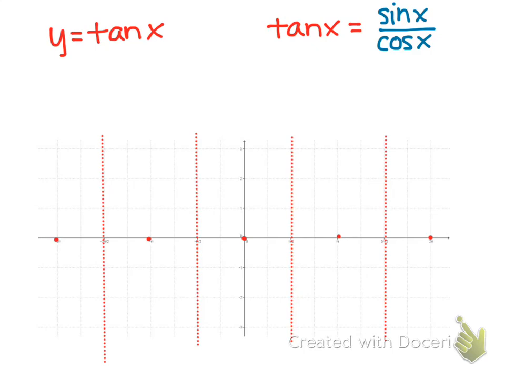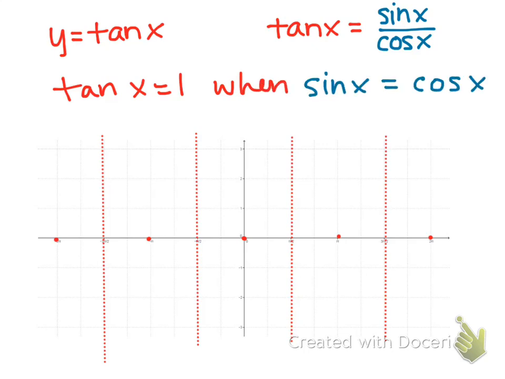Then we need some other nice points. Well, we know that the tangent of x is 1 whenever the sine of x is equal to the cosine of x, and that happens at all of the pi over 4 angles. We get either 1 or negative 1. So let's put our 1's and negative 1's in at all the pi over 4 angles.